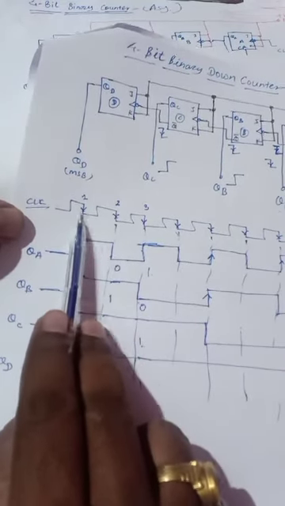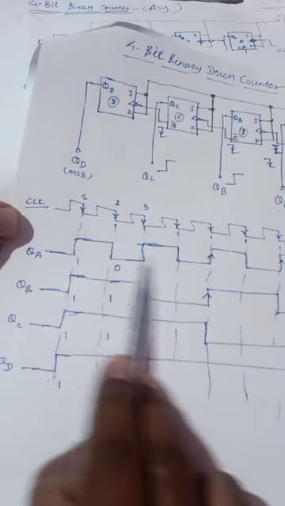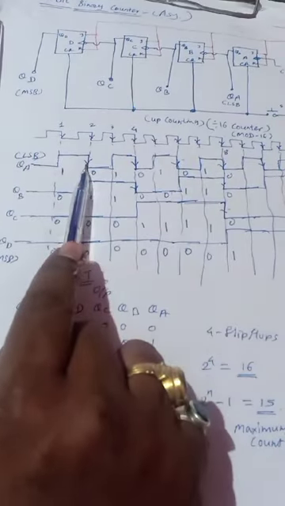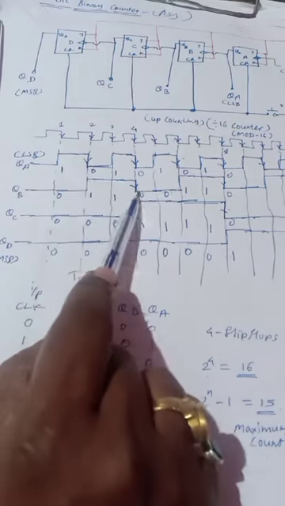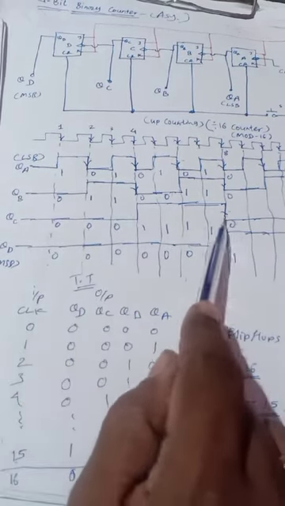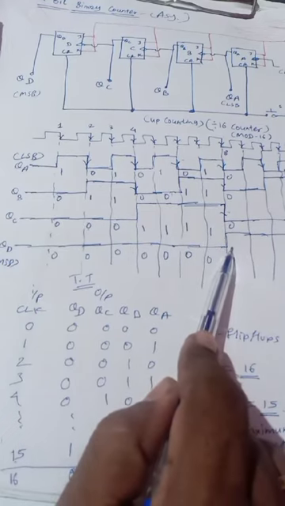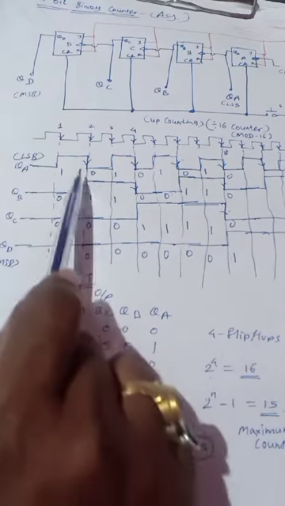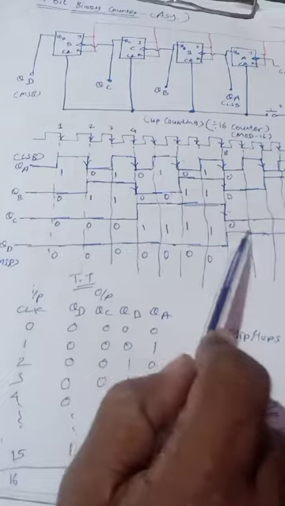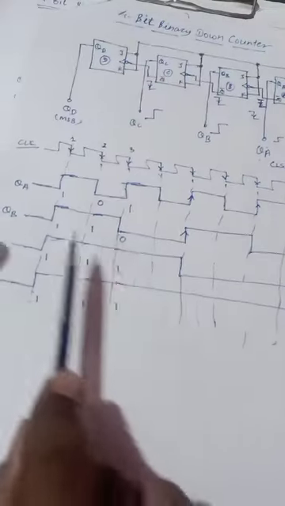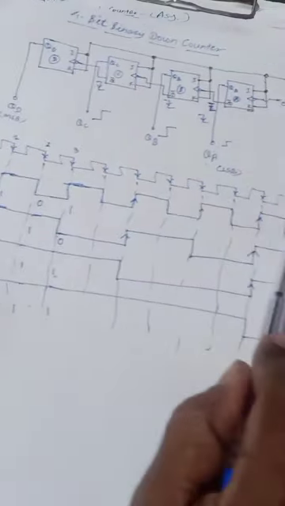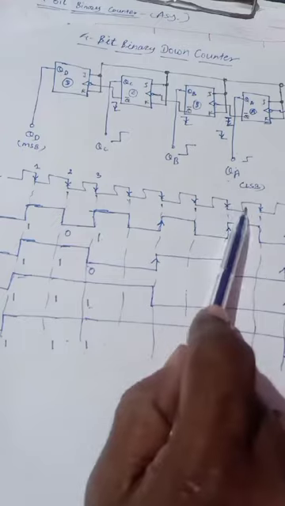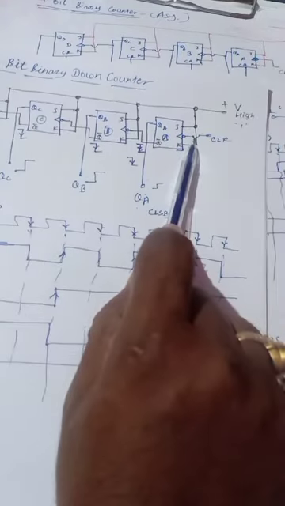So at the falling edge of this clock, QA toggles. Here, at every falling edge of QA, QB toggles, at QB falling edge, QC toggles, at QC falling edge, QD toggles. So in an up counter we mark the falling edge here, but in a down counter you are just going to mark a rising edge for QA, QB, QC and QD and mark the falling edges for the clock, because the clock is directly connected here.